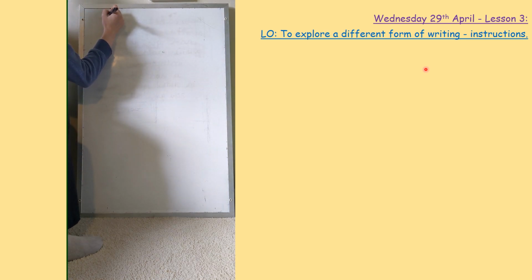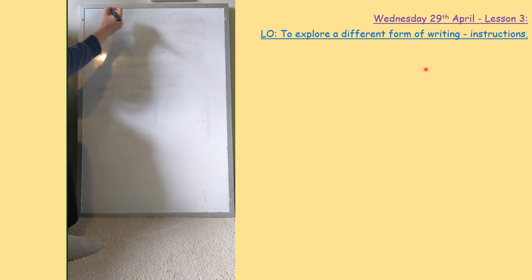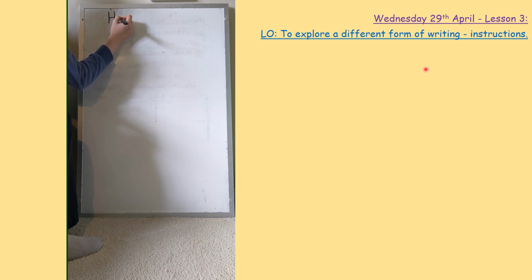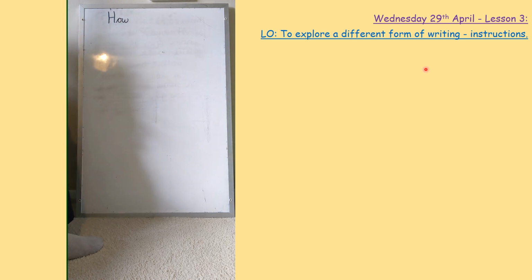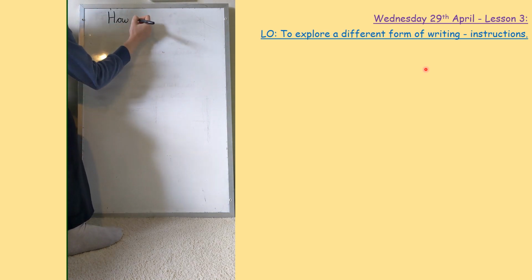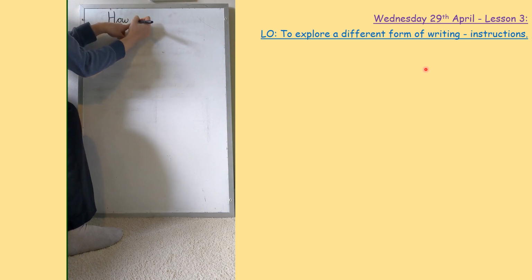So let's remember what our instructions are about. That's right, it's about how to be a pirate. So how, I'm going to start it here, how, use my capital, and then I'm going to do ow, brown cow, finger space, two is a red word.